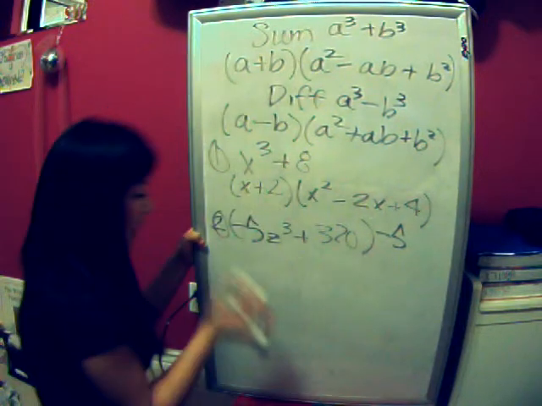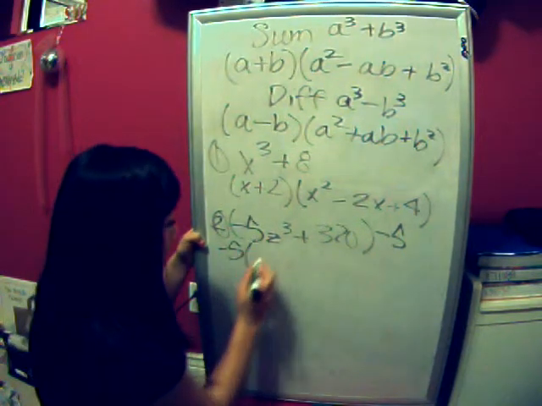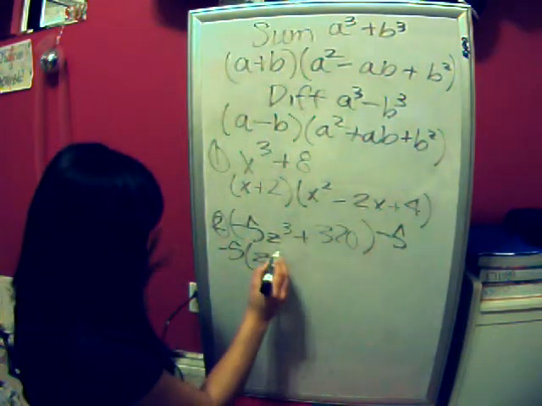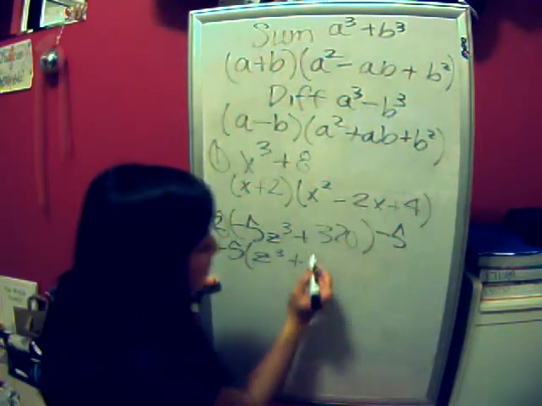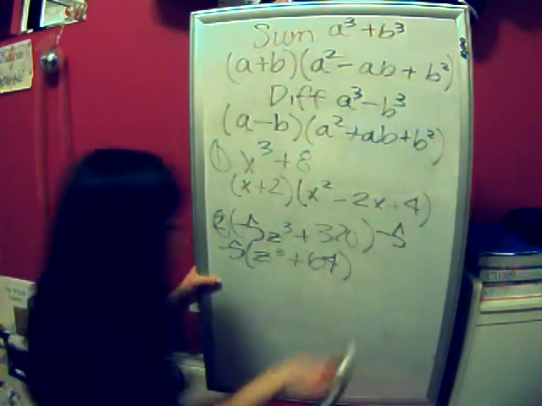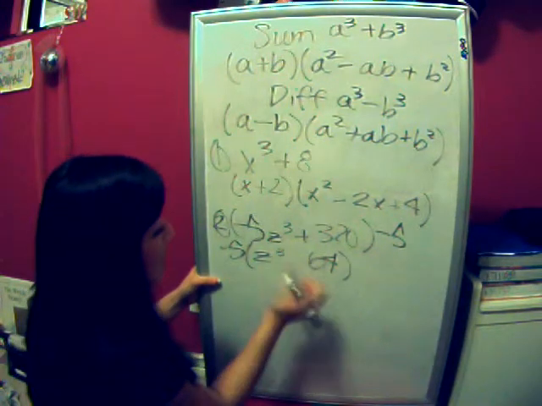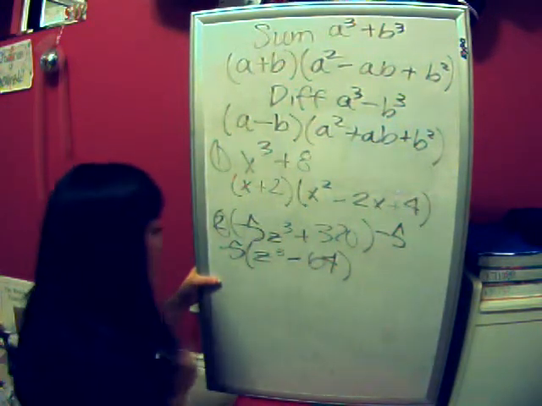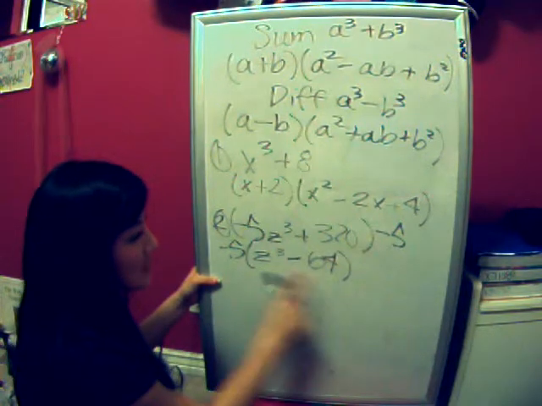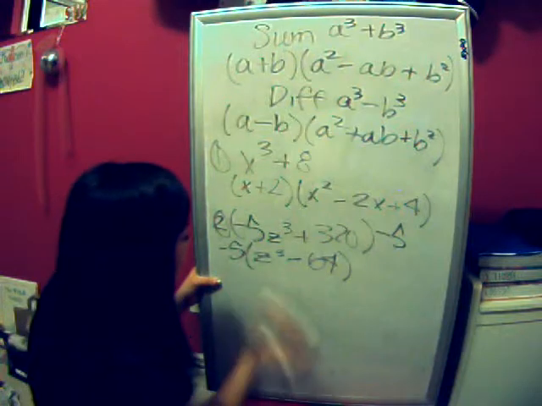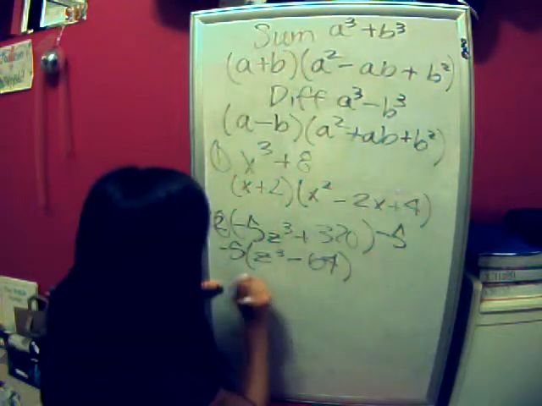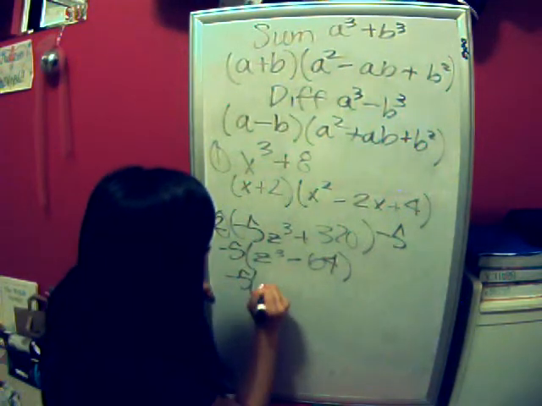And when you do that, you get negative 5 on the outside, and then z cubed plus 64. Actually, this becomes a negative. And so since it's now negative instead of a positive, it's going to be negative 5.